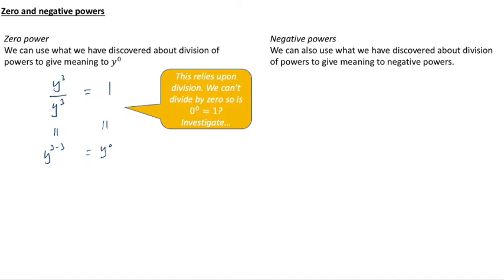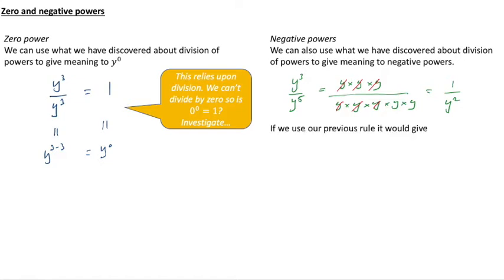For negative powers, we can also use, as we have done, what we've discovered about division to give meaning to negative powers. So, if we had y cubed over y to the power of 5, that would be y times y times y over y times y times y times y times y. We cancel 3 of the y's, and we're left with 1 over y squared.